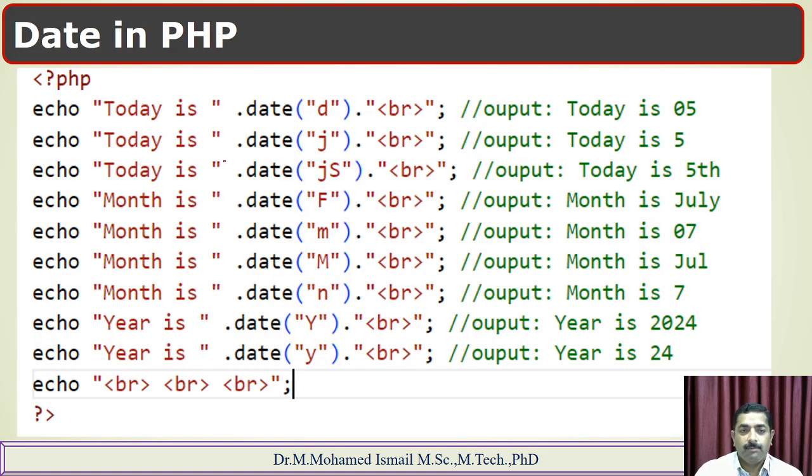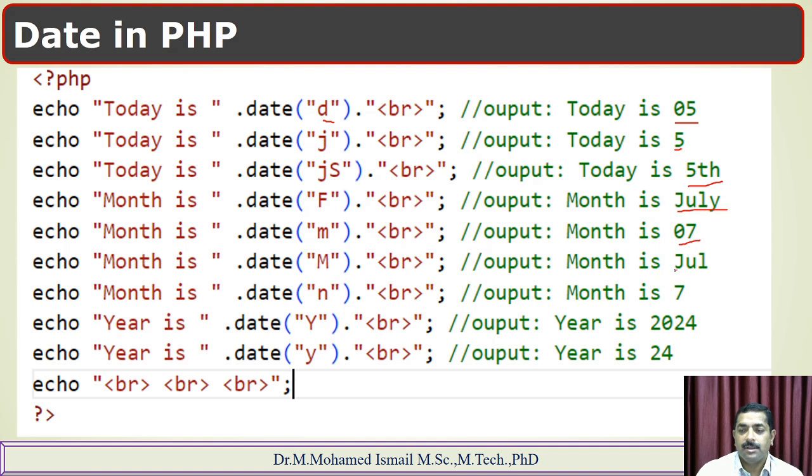So using that, I have created one program in PHP. Date, small d, obviously it's 2 digits, so 05 will come. Small j means single digit with suffix, so I am printing 5th, it is coming. Capital F means the full month name will come. Small m, 07, month in double digits.